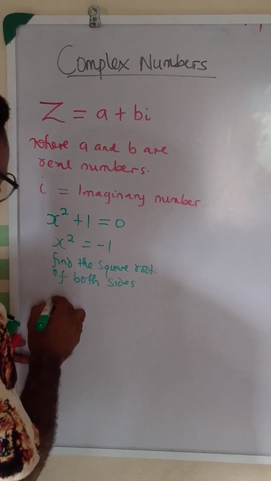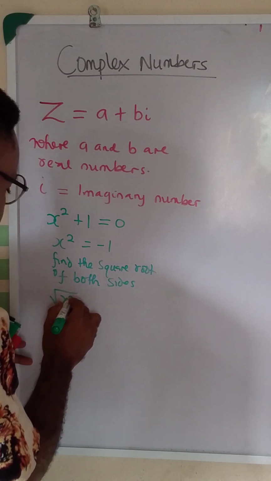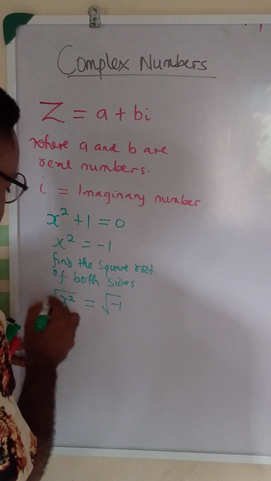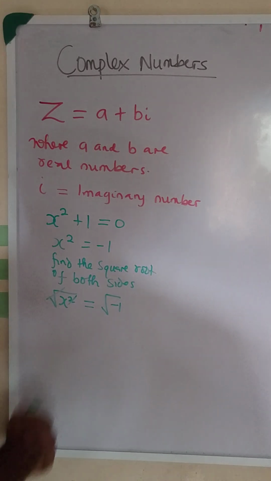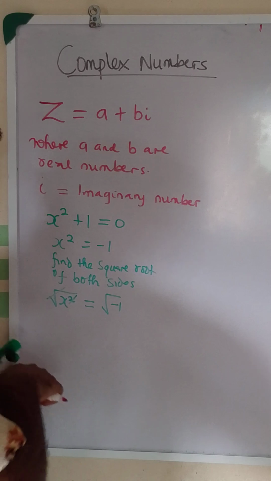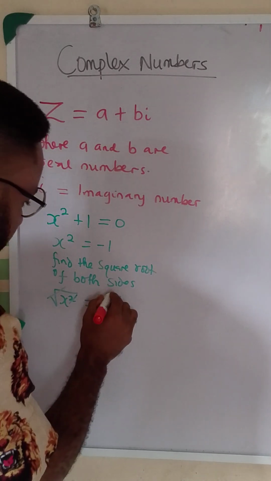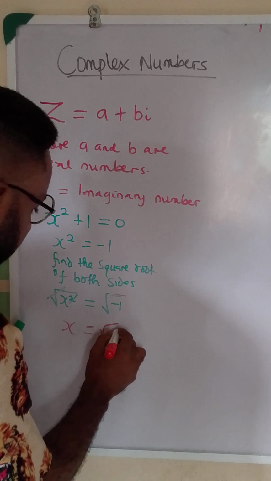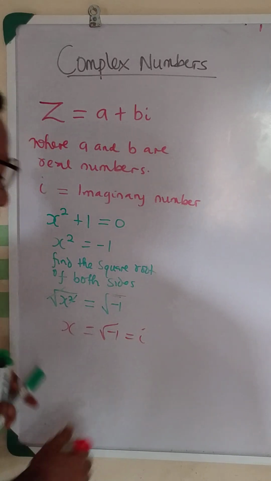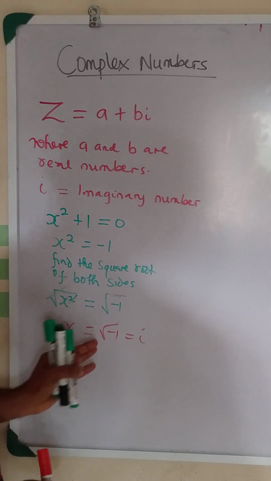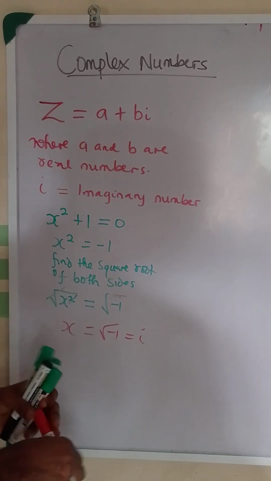So we have x equal to the square root of minus 1, which is equal to i, because the square root of minus 1 is a complex number.